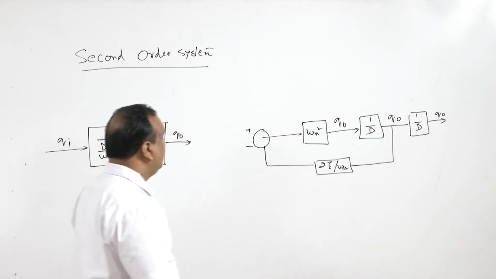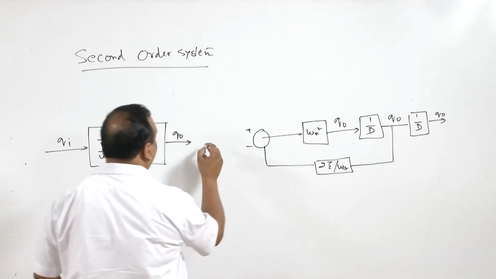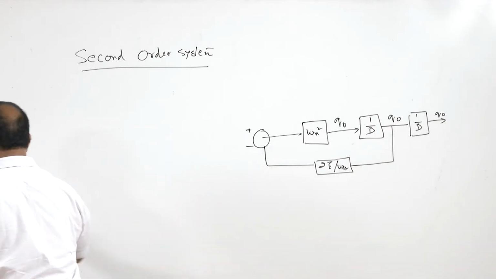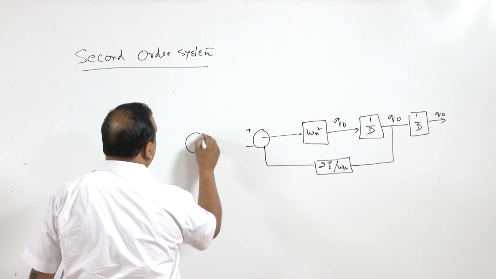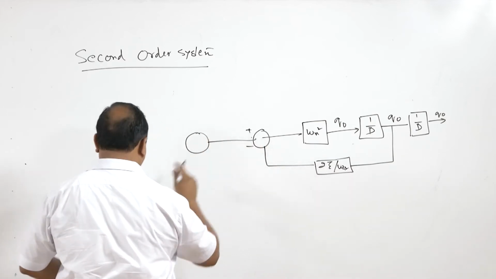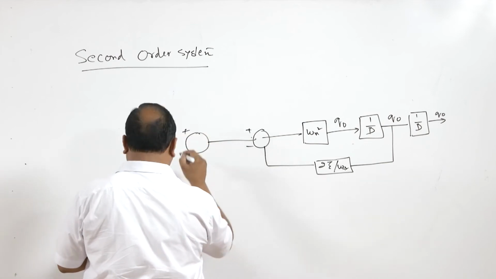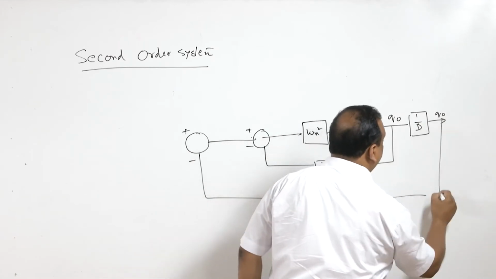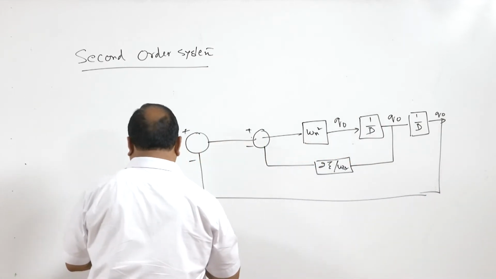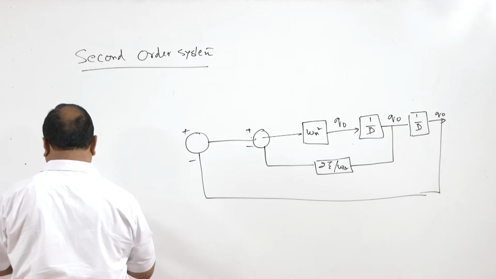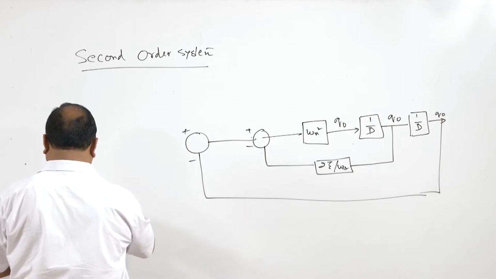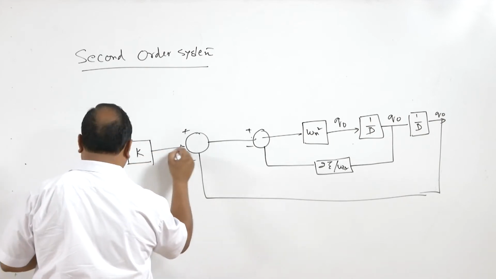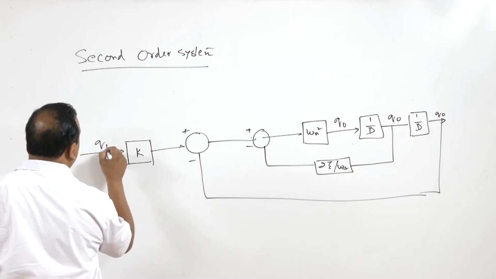Before that there is again a plus and a minus, and this signal is coming here, and then it is K, and then it is Qi.